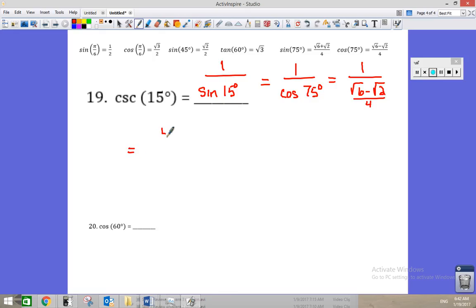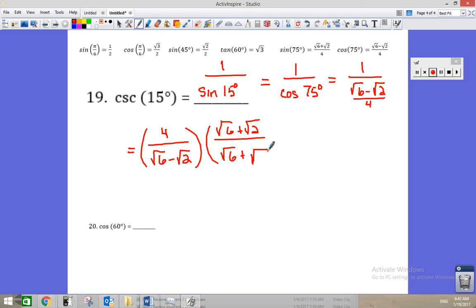Now this one is a little more work than the others, because to rationalize this denominator, I'm going to have to multiply by the number 1, using the idea of the conjugate. So I've got the square root of 6 plus the square root of 2. When you multiply a minus b times a plus b, you get a squared minus b squared. When I square radical 6, I just get 6.